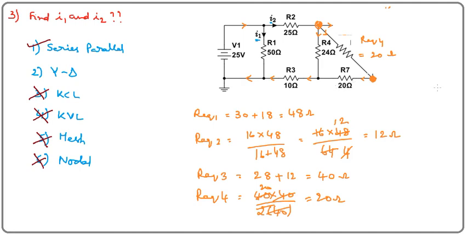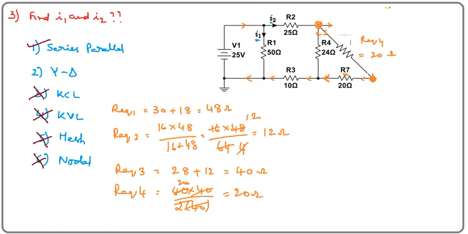Now what we need to do: the current is passing in this way, and this way, and this way. So the current is passing through the 20 ohm resistor and there is no other path for that current, and the only path is R7.